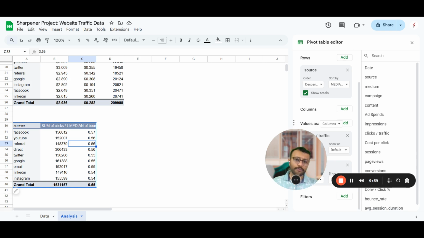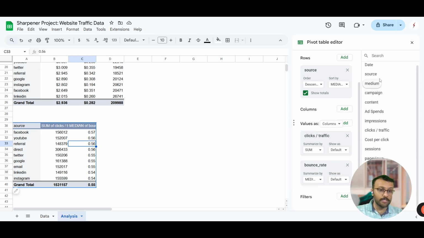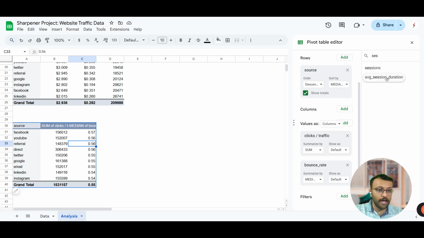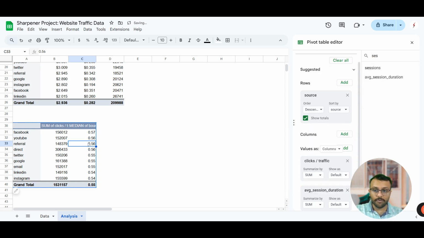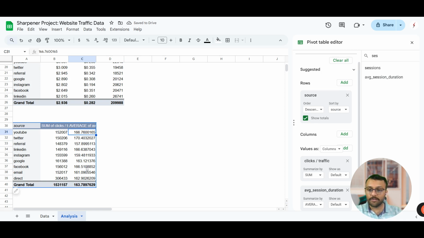Try out different things with this data, analyze things on the basis of the content, the campaigns, the sessions, every traffic, how much average time they spent. For example, you can just select average session duration instead of bounce rate, and the average value over here. This will tell you that on an average, people spend around 160 to 170 seconds on all of these different platforms. Lots of things to play around with over here.